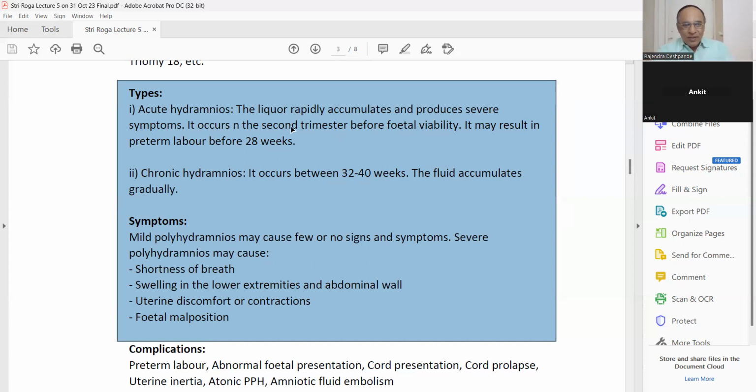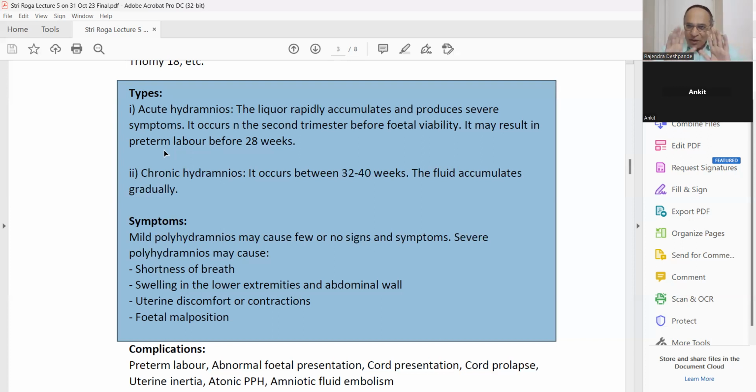So this polyhydramnios occurs in the second trimester, 4, 5, 6 months, before fetal viability. It may result in preterm birth. The baby will not grow to full term. Full term means 9 months, 9 days. When it is below 7 months or around the 7th, 8th month, that is preterm. And some are post-term.